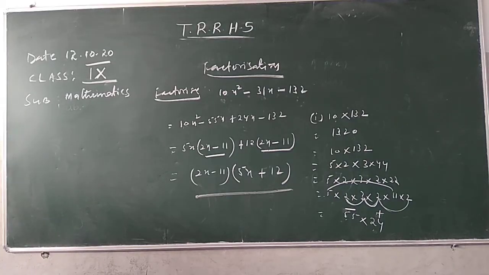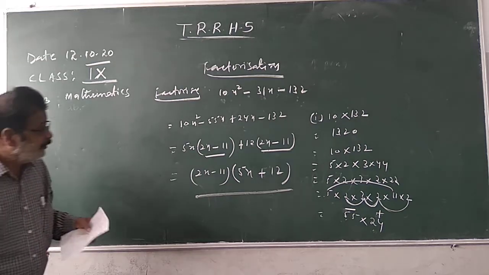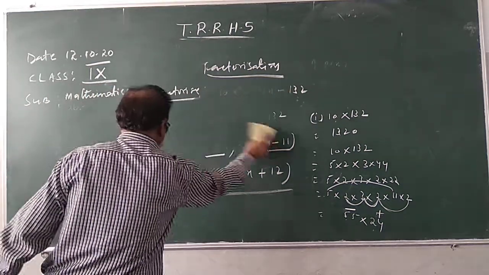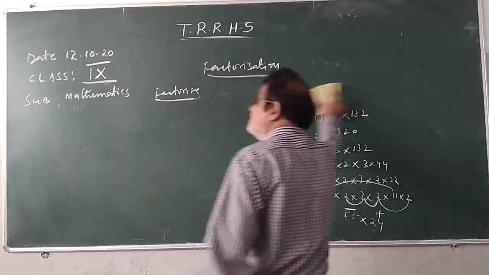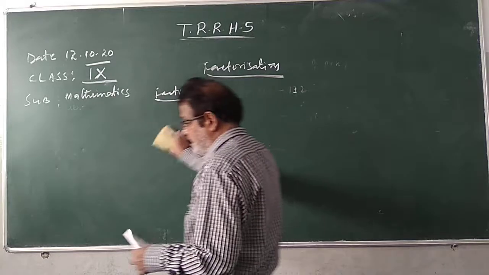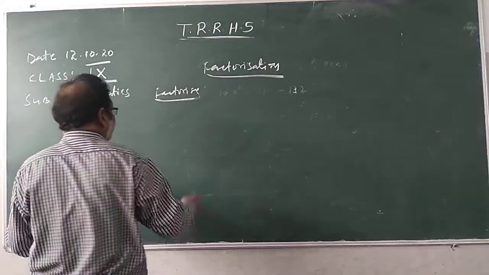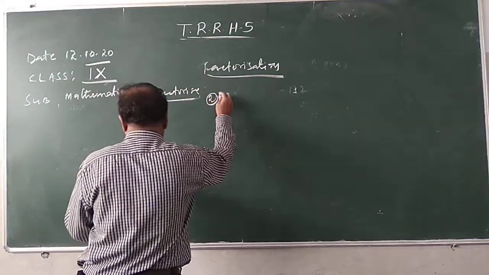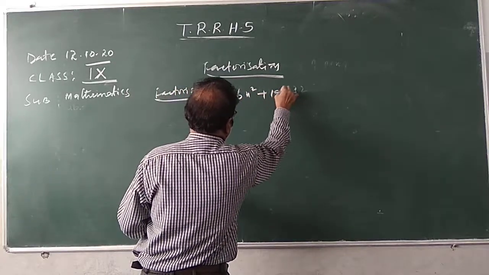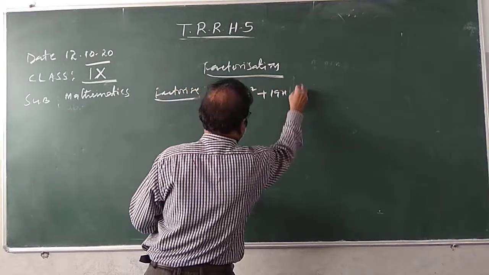So one more easy problem I give you. Factorize, second problem: 6x squared plus 19x plus 15.